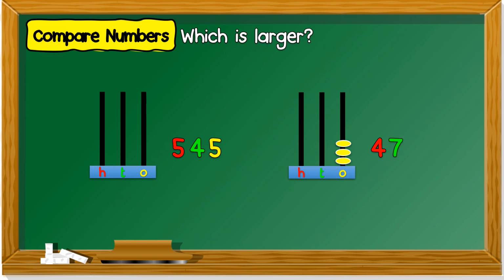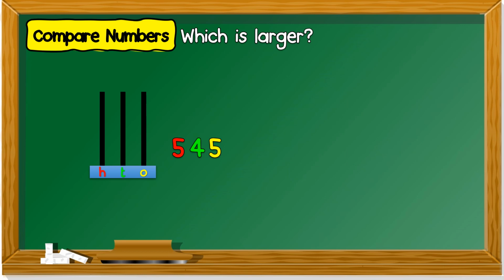Last one. Ones. 1, 2, 3. So it's 473, which is larger. We compare the hundreds, 5 and 4. It's obvious, right? The larger one is 5. So the larger number is 545.